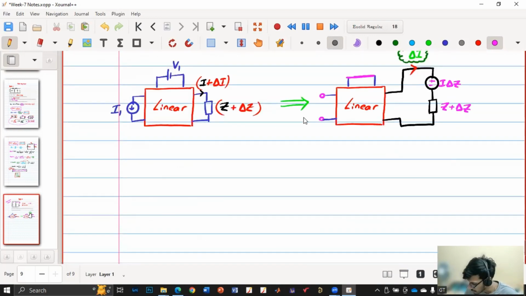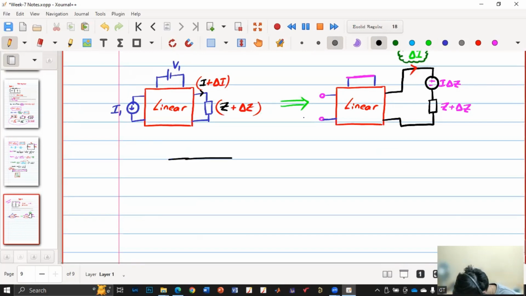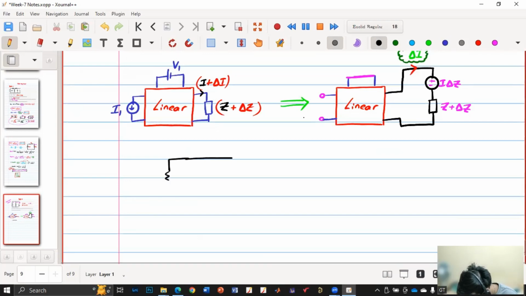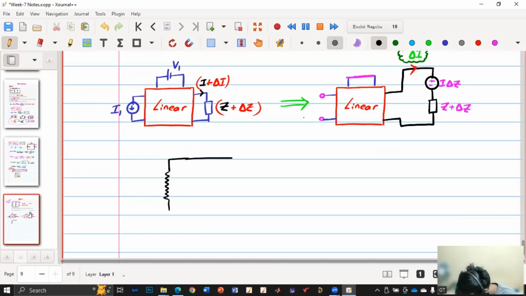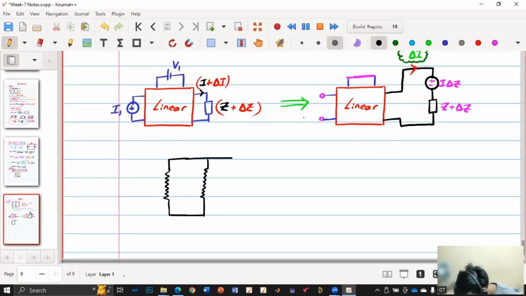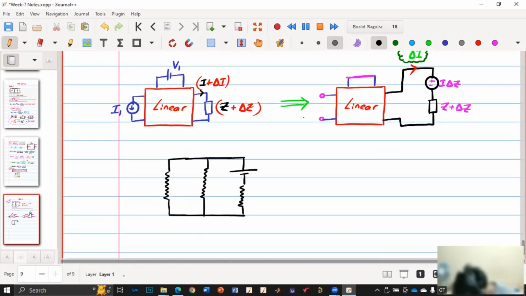I'll redraw the circuit: 7 ohm, 13 ohm, and a voltage source and a resistance.